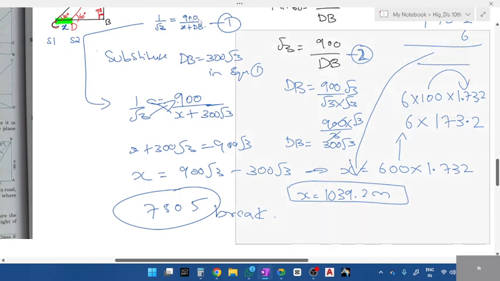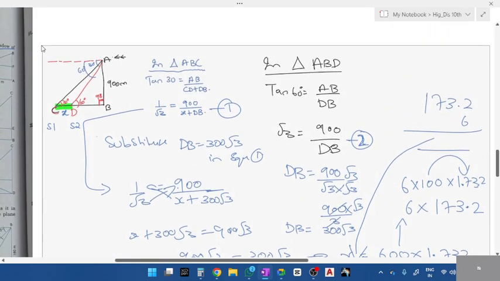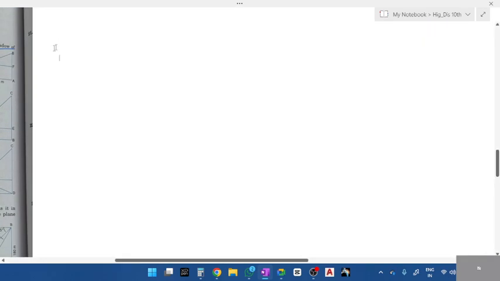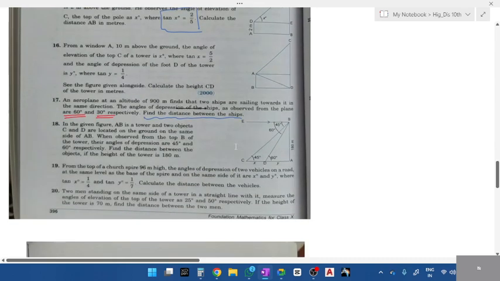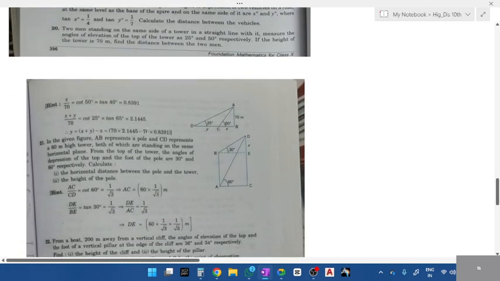Shall I erase it? Next question. Yeah, we'll try the next one. Which one was this? 17? Okay, we have to do the 16th one. 16, 18 onwards. We'll continue tomorrow.